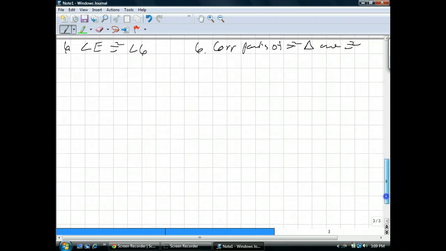Then there's one definition that sometimes you need for proofs, and that's the definition of a line perpendicular to a plane.